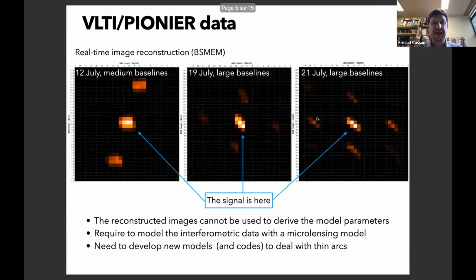Voilà. So these are the data we got for the 3 epochs: 12th of July with a medium baseline configuration, 19th and 21st of July with a large baseline configuration of the VLTI and the auxiliary telescopes. And when we did it, it was really not clear what we were observing, because we didn't know the nature of the lens. So all the scale you see here depends on the mass of the lens.